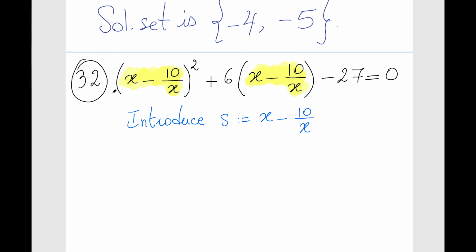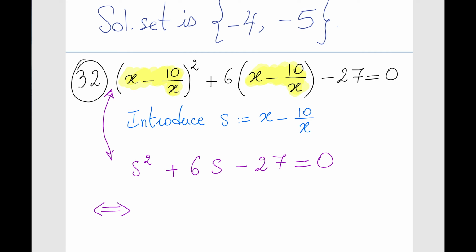As such, this thing is s squared plus 6s minus 27 equals 0, which means that, again, if you want to use the quadratic formula, go for it, or s plus 9 times s minus 3 is equal to 0.